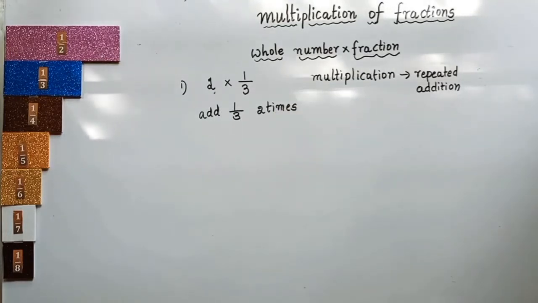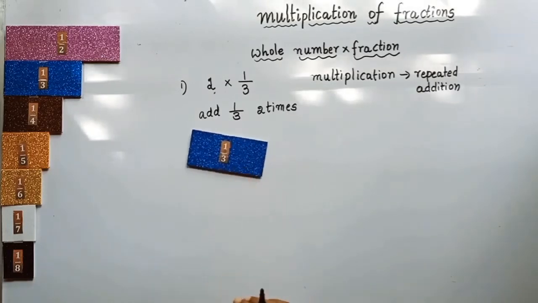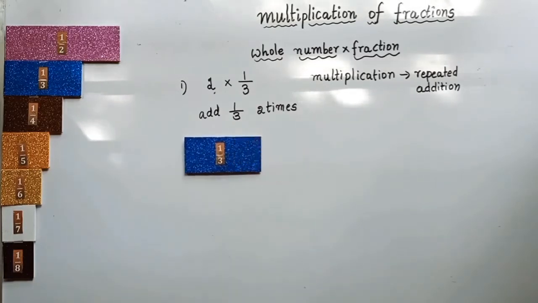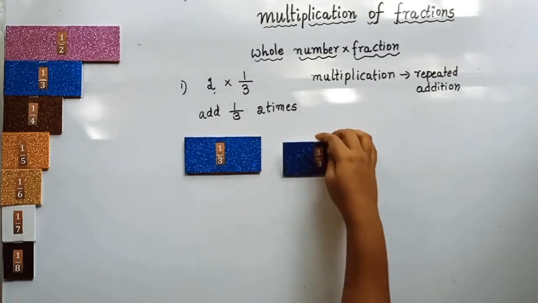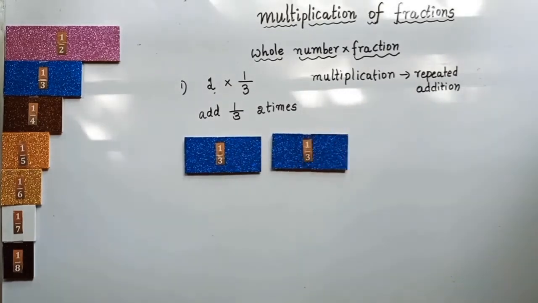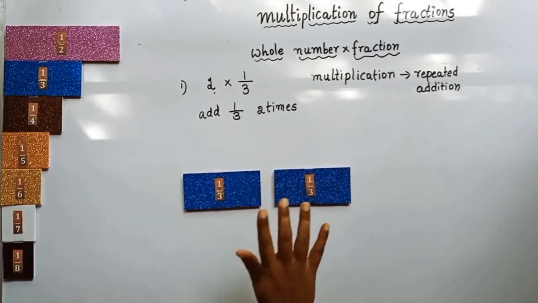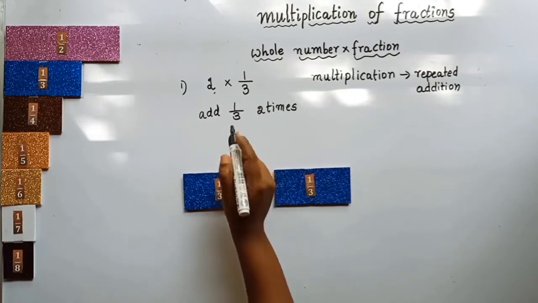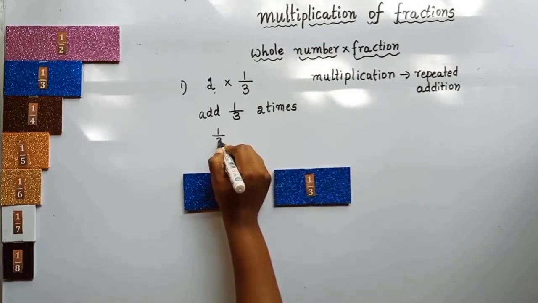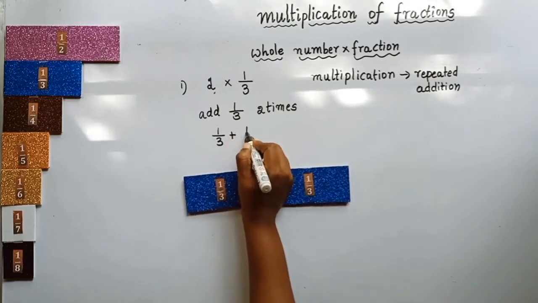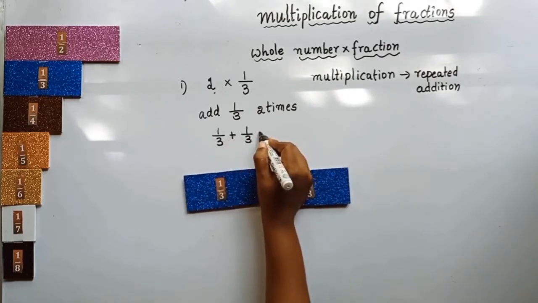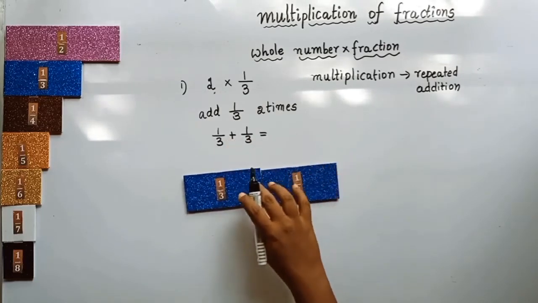Now we have to take 1 by 3 2 times. Now add this. 1 by 3 plus 1 by 3. 1 by 3 into 2 means we are adding 1 by 3 2 times.